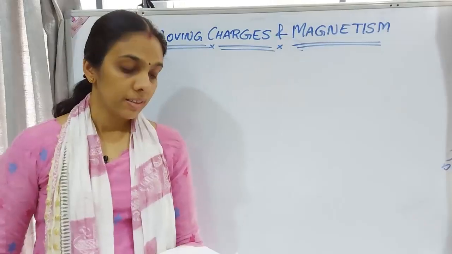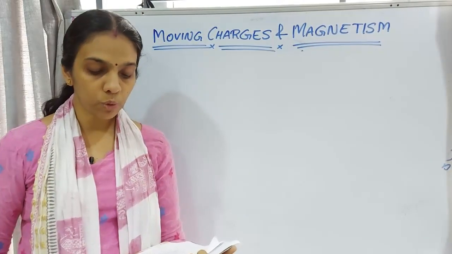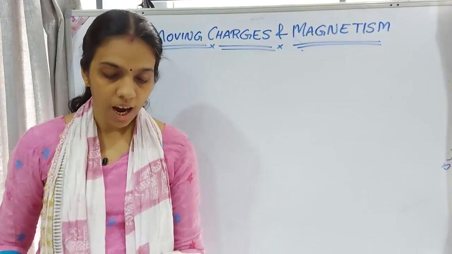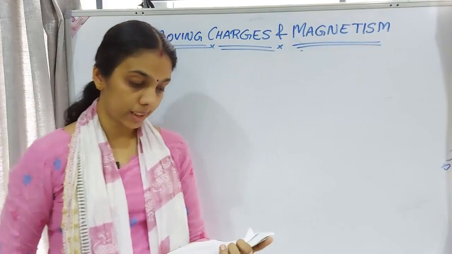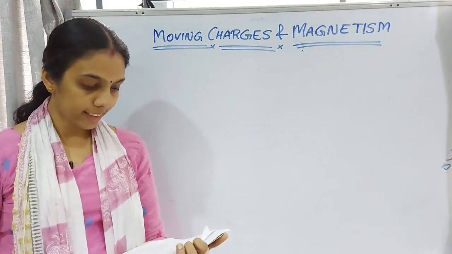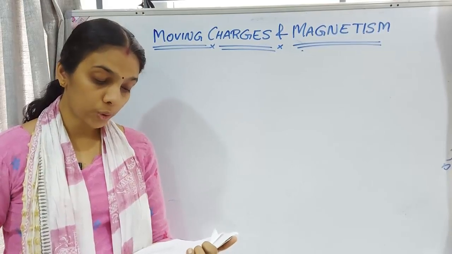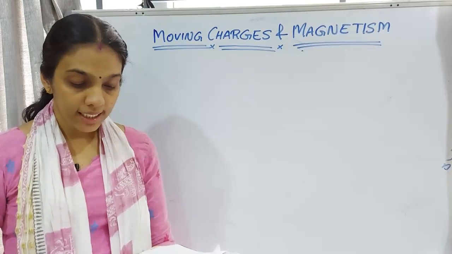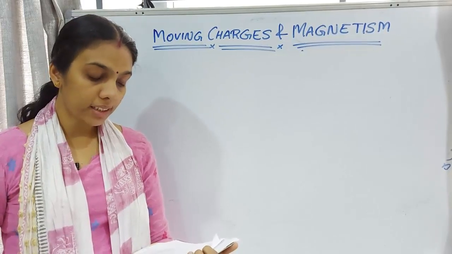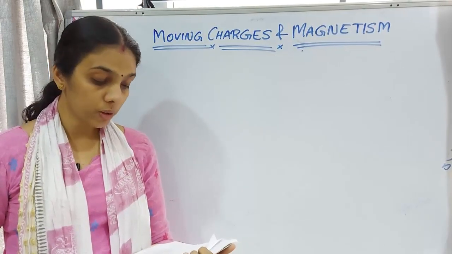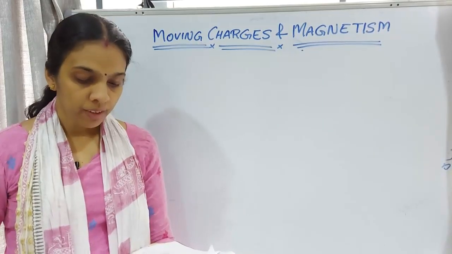Next question is, state the condition under which a charged particle moving with a velocity v goes undeflected in a magnetic field. And along with that, a second question is also there. An electron, after being accelerated through a potential difference of 10 to the power 4 volt, enters a uniform magnetic field of 0.04 Tesla perpendicular to its direction of motion.